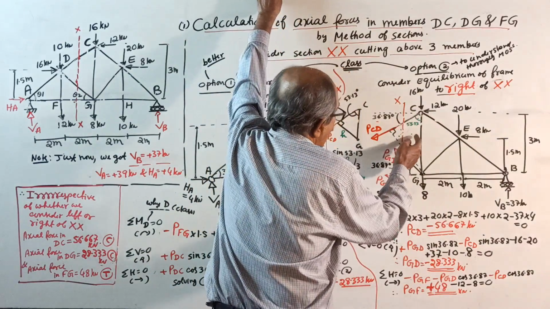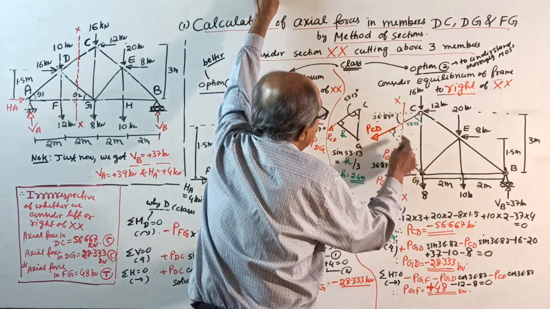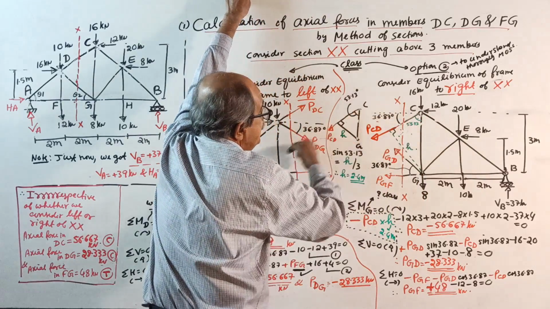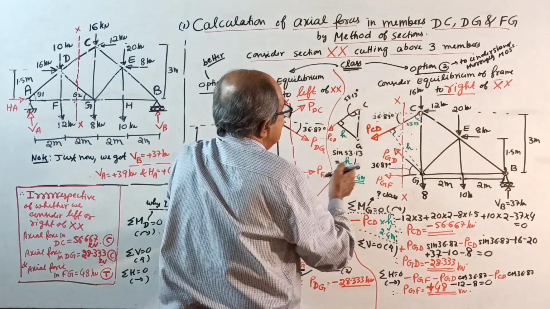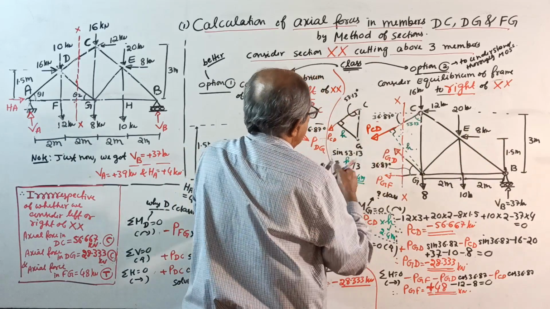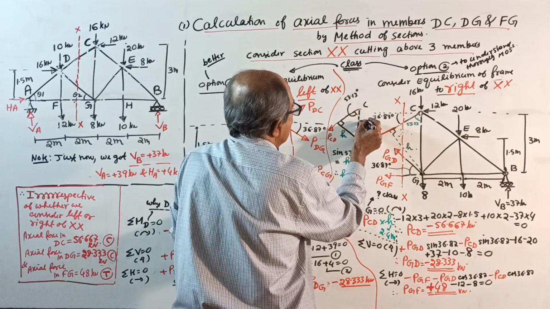Now, if there is confusion, there is a separate sketch. C here, B here, PCD here, perpendicular, 36.87. This height is 3 meter.